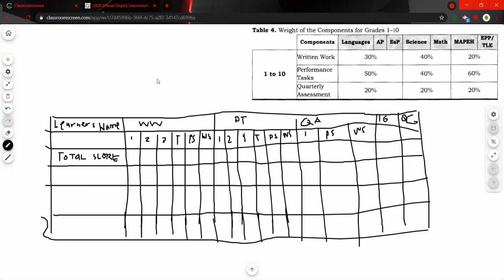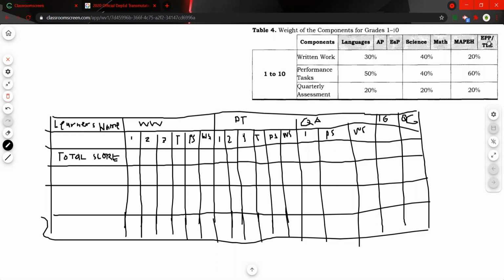As you can see in the table, we have here the different subjects: languages, AP, ESP, science, math, MAPEH, EPP, or TLE. These subjects have different percentages that we apply in our grading system.